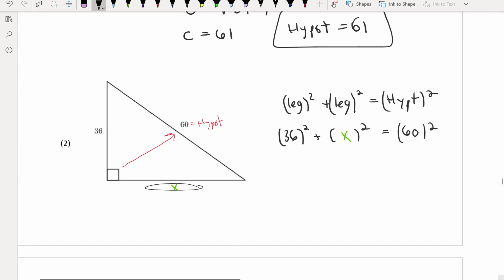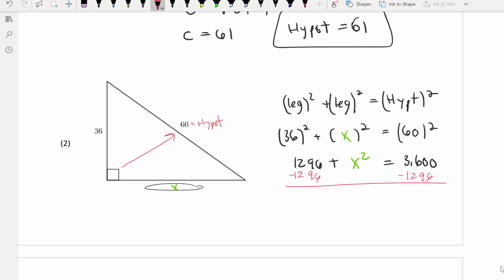So I have a 36 squared, which is 1,296, plus that X squared is equal to my 60 squared, which is 3,600. So now if I subtract the 1296 from both sides, so 3,600 minus 1,296, that's 2304.